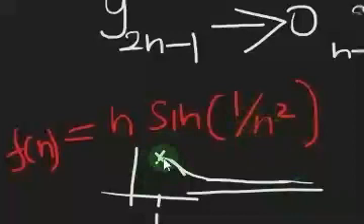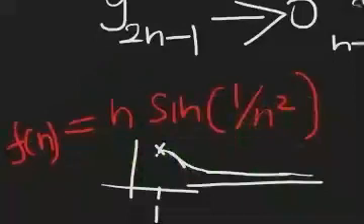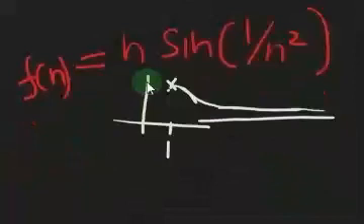But we have to show this product of n and sine of this is decreasing. So let's differentiate this function with respect to n.